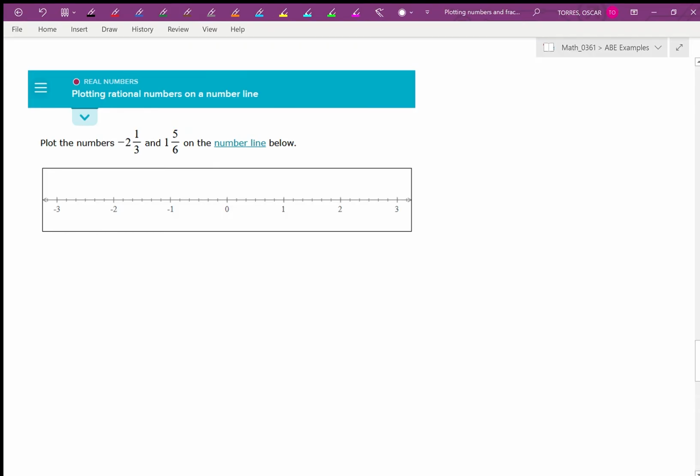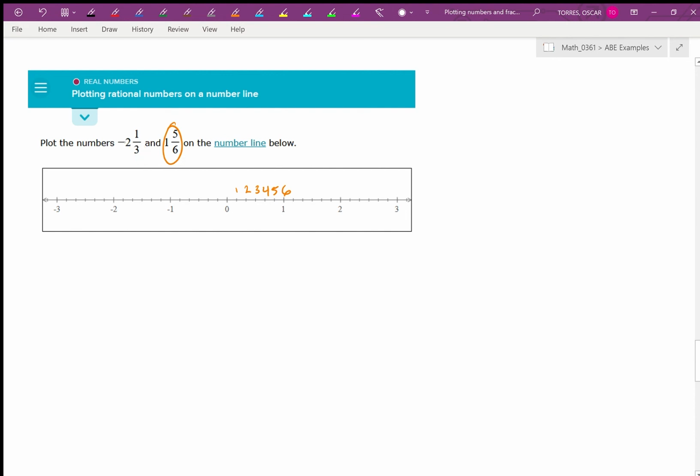One last example is plotting these two rational numbers. So again, the first thing I want to do is make sure that the number of spaces between each number matches up with these denominators. So from 0 to 1, I'm going to count the number of spaces. 1, 2, 3, 4, 5, and 6 to actually reach the number 1. So both of these numbers in the denominator should be a 6. That means this one's okay, we can leave it alone.